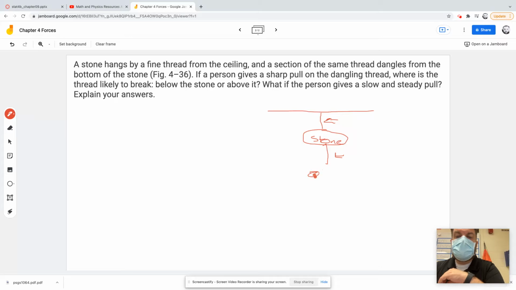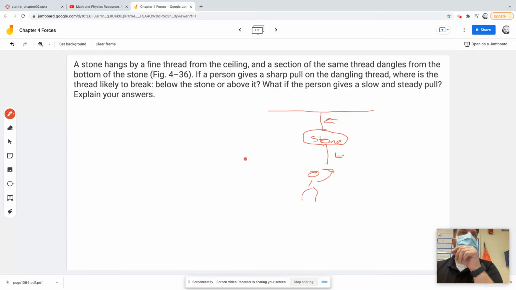Right, so here's Mr. Adams. I'm reaching up with my hand, and I'm going to pull on this. And where's it going to break? So when the person gives a sharp pull, the suddenness of the application of the force is key, right?